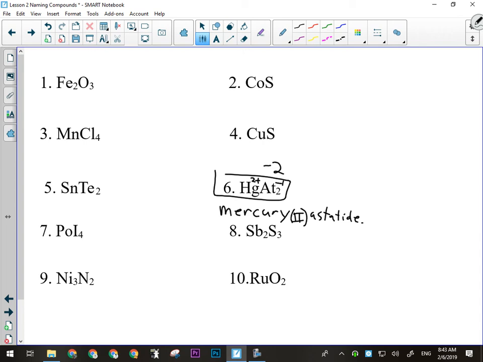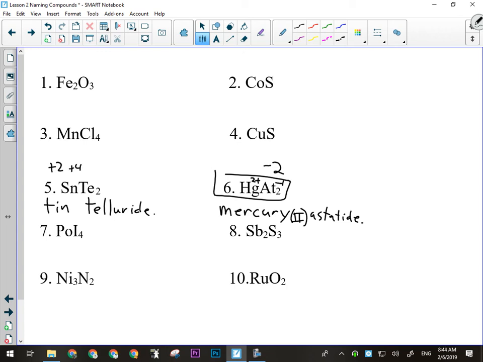All right, so Sn is tin. Okay, so I'm going to write tin, and then Te is tellurium, so this is going to be tin something telluride. Okay, possible charges for tin, according to your periodic table, are 2 and 4. All right, so this could be tin with 2 plus, or it could be tin with 4 plus.